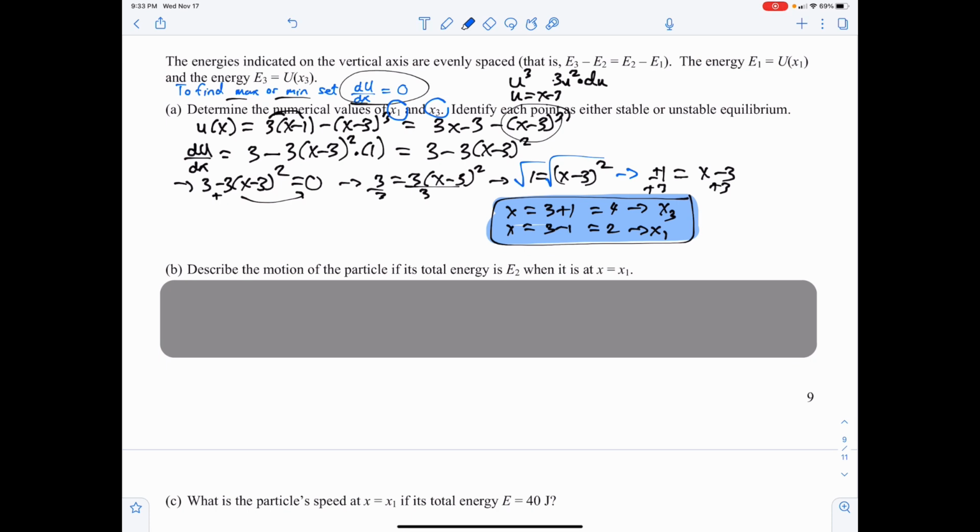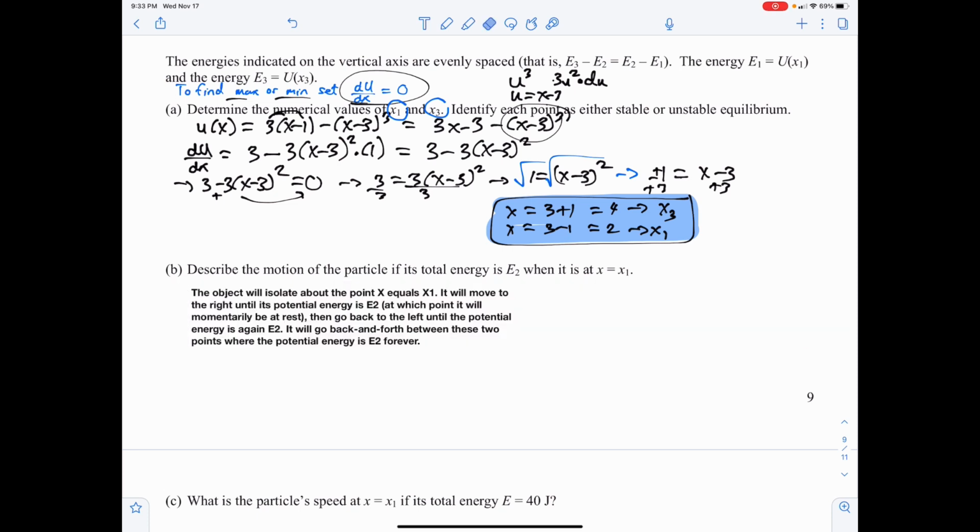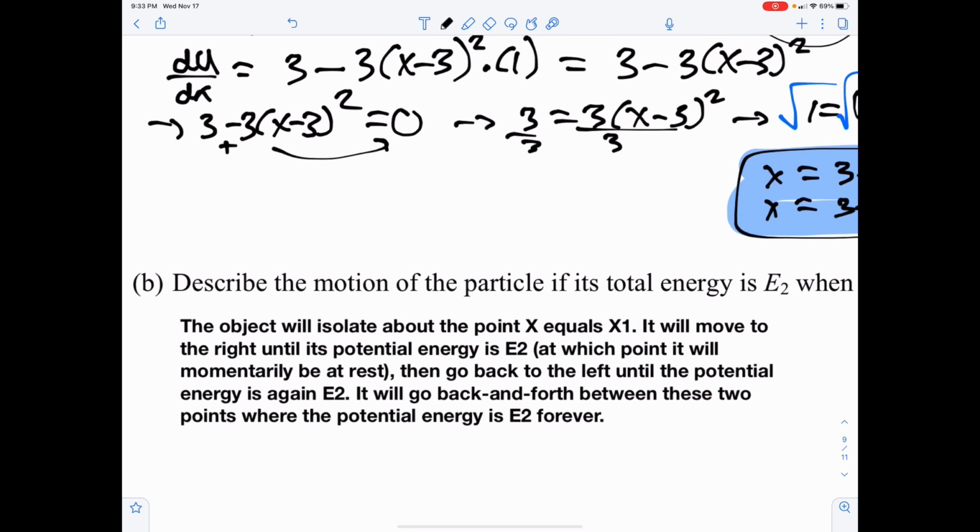Describe the motion of the particle if its total energy is E2 when it is at x equals x1. Well, the object will oscillate about point x equals x1. There's a typo there.